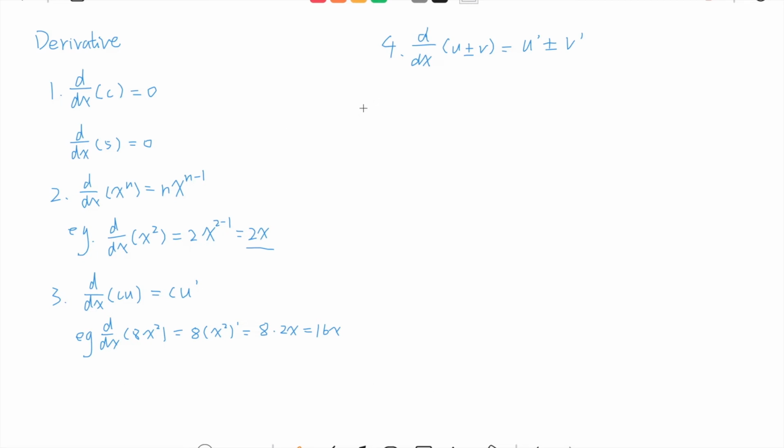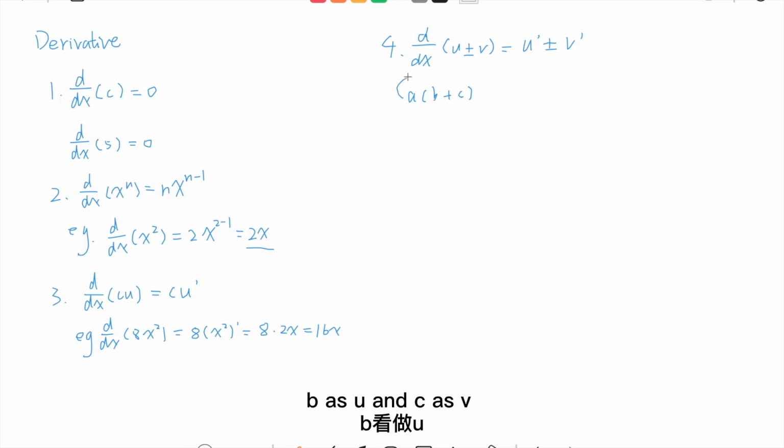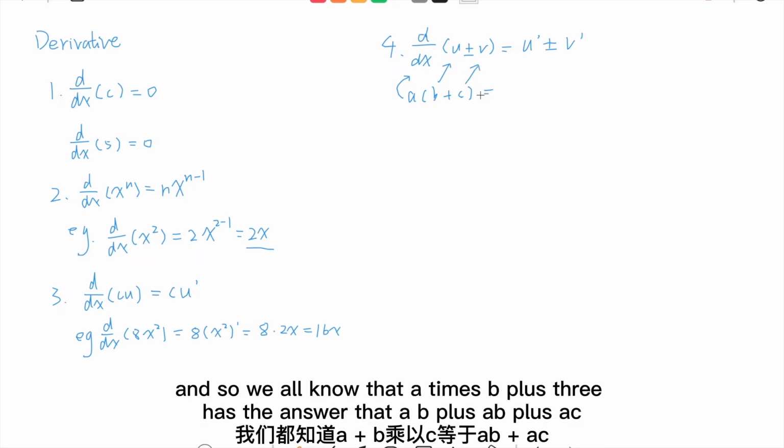For example, a times b plus c. Here we could see a as d/dx, b as u, and c as v. We all know that a times b plus c has the answer ab plus ac.